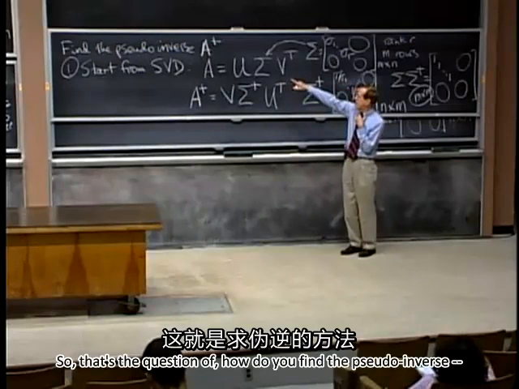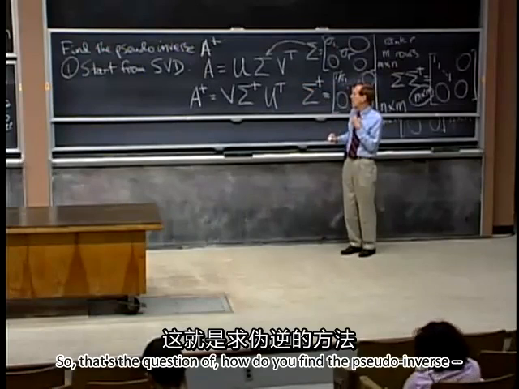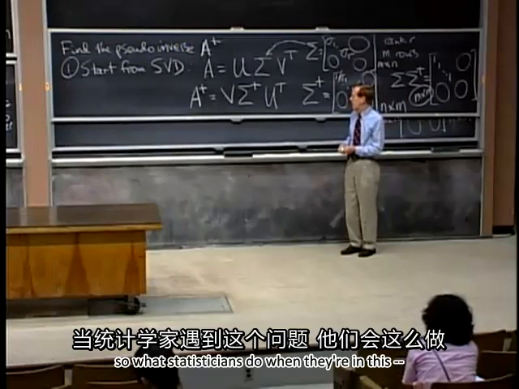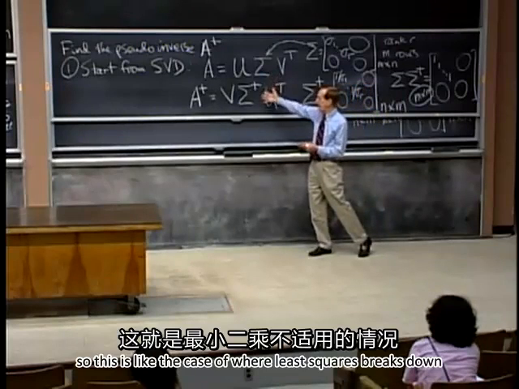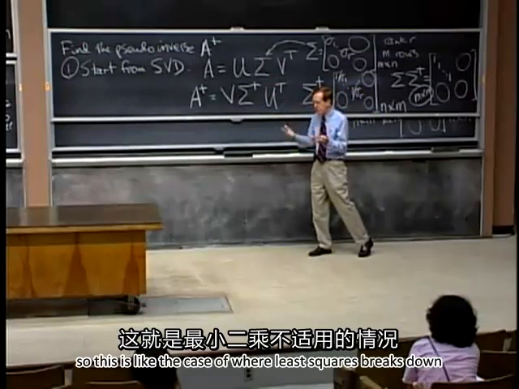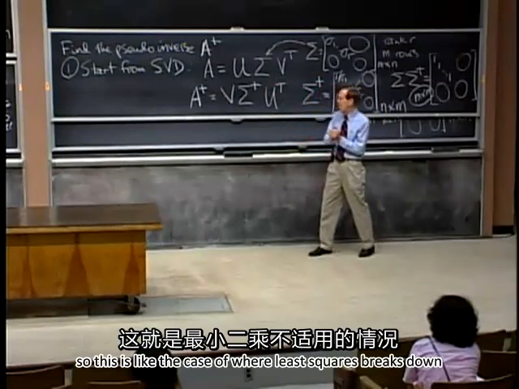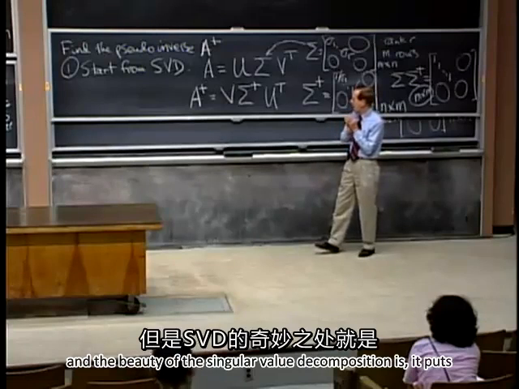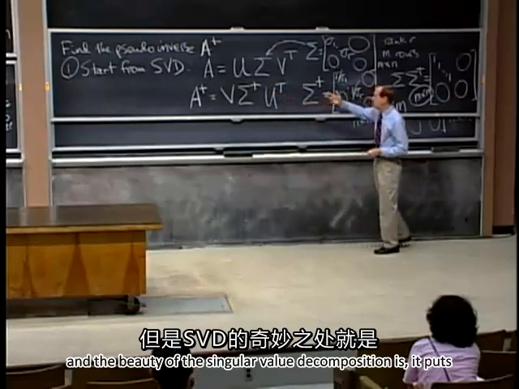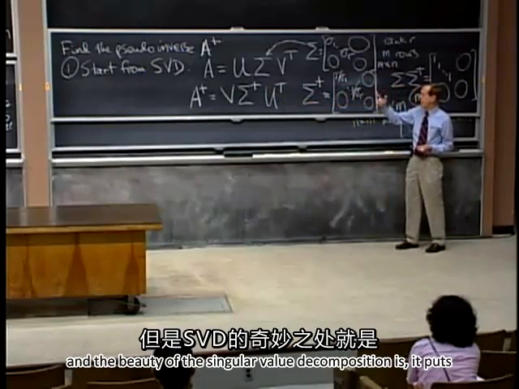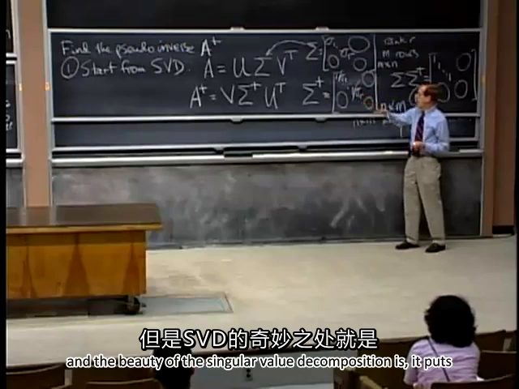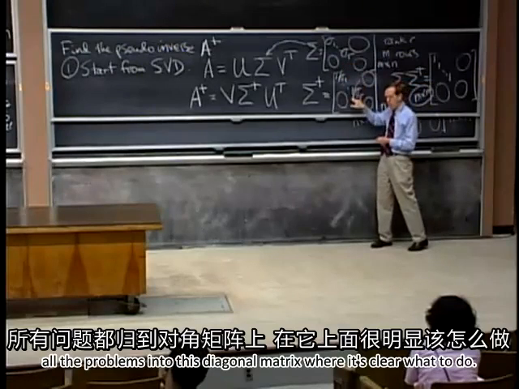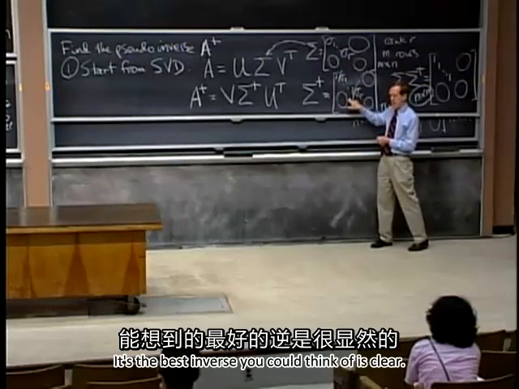So that's the question of how you find the pseudo-inverse. What statisticians do is in this case where least squares breaks down because you don't have full rank. But the beauty of the singular value decomposition is it puts all the problems into this diagonal matrix where it's clear what to do. It's the best inverse you could think of.